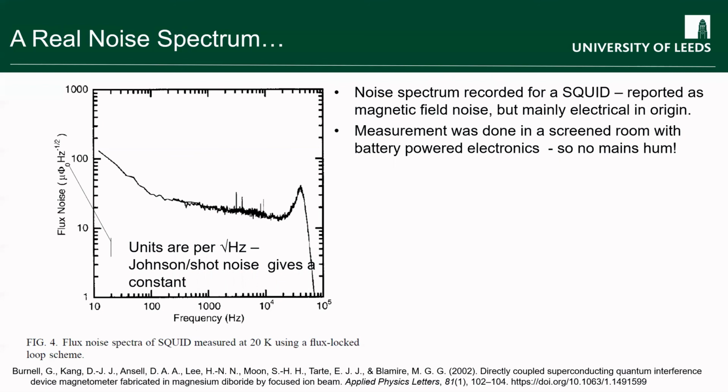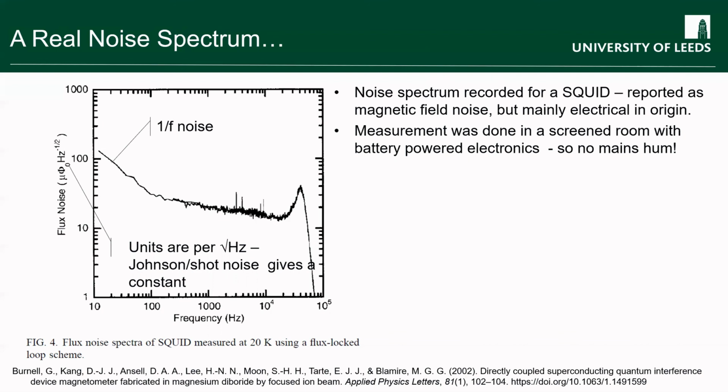In these sorts of plots, we plot everything as whatever we're measuring per root hertz. That's because things like Johnson noise and quantum shot noise depend on the bandwidth, so per root hertz. This means that whatever signal we're measuring is going to be flat if we're looking at Johnson noise or quantum noise. What we observe is some 1 over f noise, which is this decaying signal.